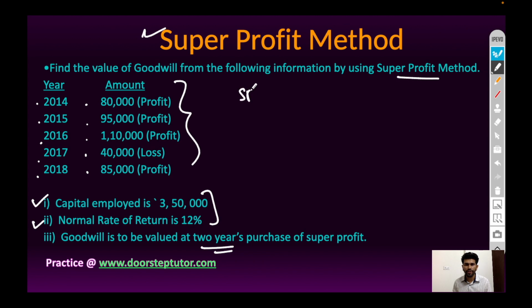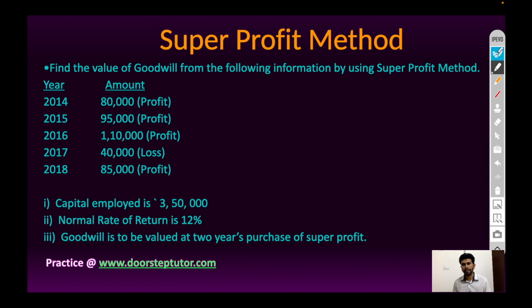Formula of super profit is average profit minus normal profit. First we will calculate average profit by using these details. Then we will calculate normal profit by using these details. So we will get super profit, and then we will multiply with number of years purchased to get the amount of goodwill. Now first we will calculate average profit. It is equal to summation of all profit and loss divided by number of years.